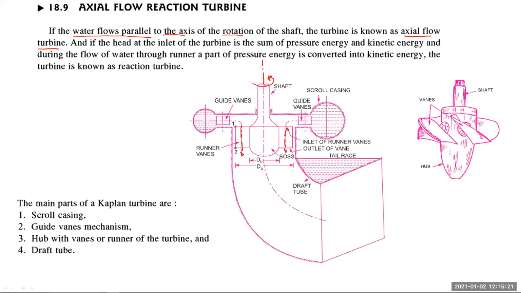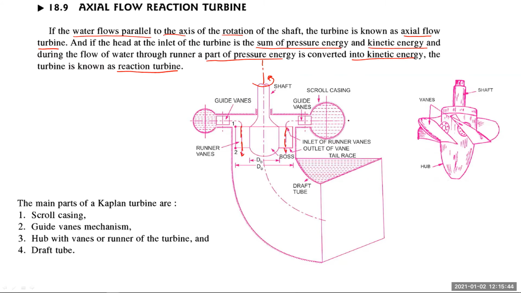And if the head at the inlet of the turbine is the sum of pressure energy and kinetic energy, and during the flow of water through the runner a part of the pressure energy is converted into kinetic energy, then this is known as a reaction turbine.